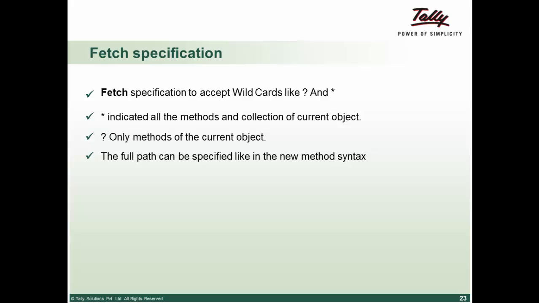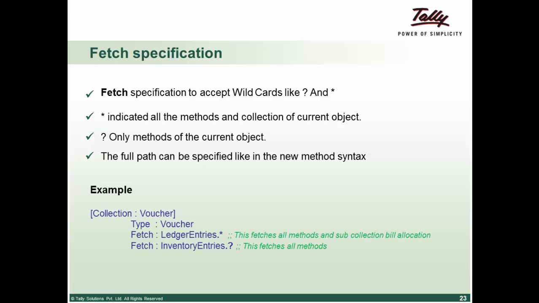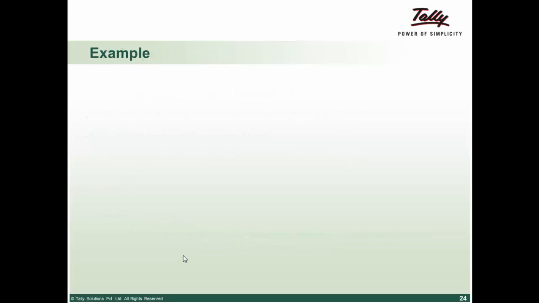The full path can be specified like a method formula syntax. This is one simple example. It fetches all the methods and the sub collection bill allocation of ledger entries, and here only the methods of inventory entries are fetched.